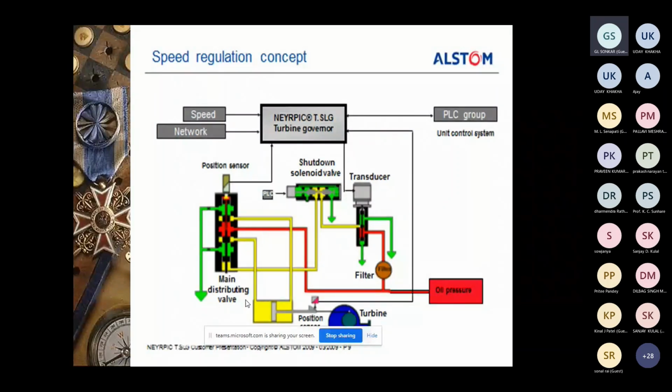If there is an emergency, you can push the button, and oil will come through that emergency solenoid valve through the servo motor to the plunger, and it will stop the turbine. So, any questions?